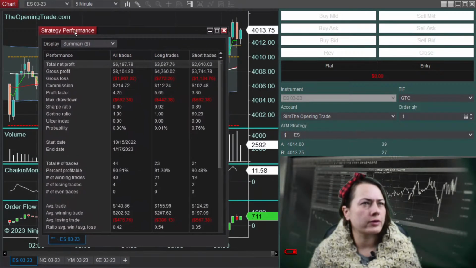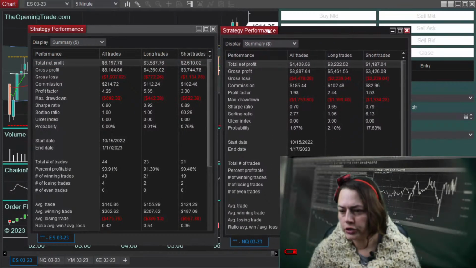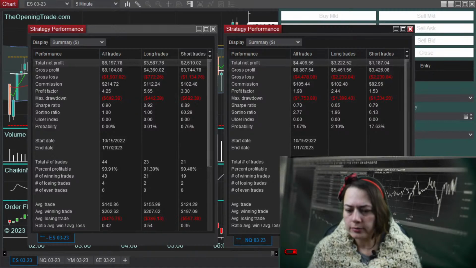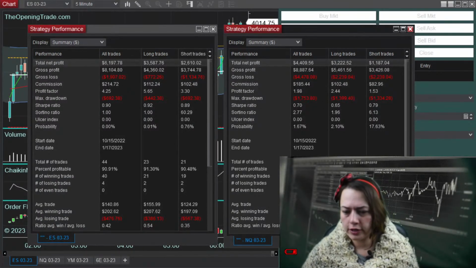Backtest results from the previous 90 days are being pulled over to the screen now. If you look down here, you'll see what chart I'm talking about.